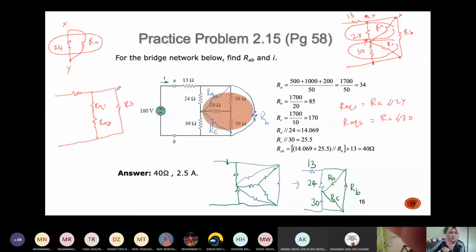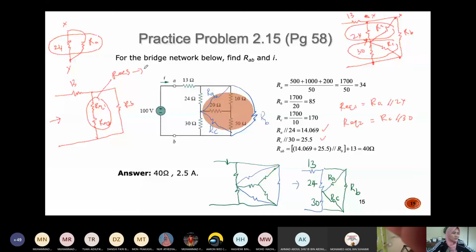This is 13 ohm. Okay. R equivalent 1 is 14.069. R equivalent 2 is 25.5. Okay. Then you further simplify the circuit. This is a series circuit. So I name this R equivalent 3. You need to calculate for the R equivalent 3.